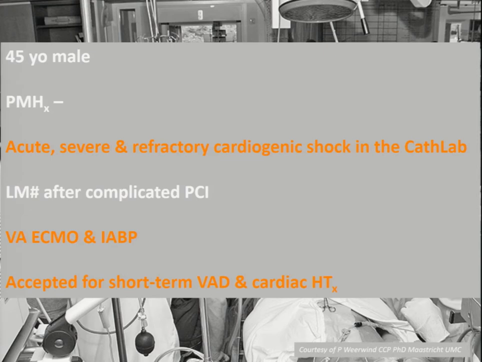So they tried a PCI, which was complicated and not successful, and then they put him on VA-ECMO in a resuscitation setting, and there was no left ventricular ejection fraction anymore, no contractility. So in order to provide a little contractility and pulsatility, they put him on a balloon pump as well.